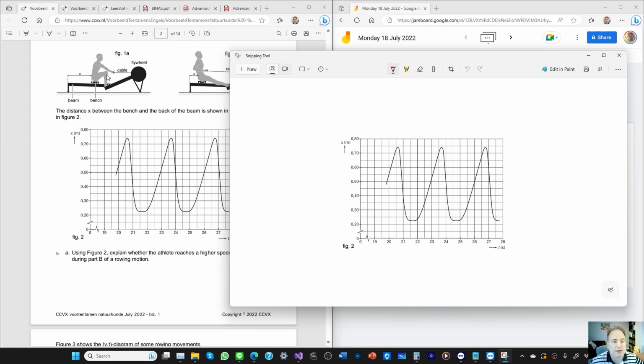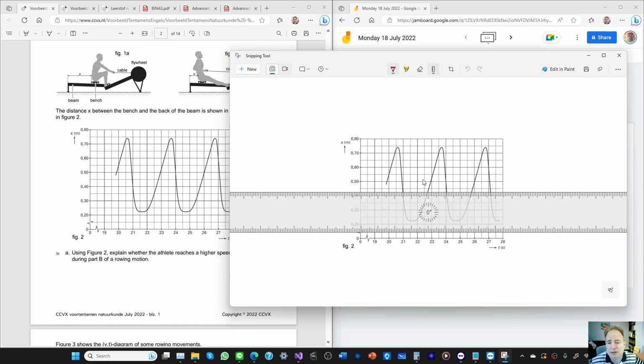That means that he is forward here. And this is the minimum x, where he's close to the end of the beam here. And speed is given by the slope of distance over time.